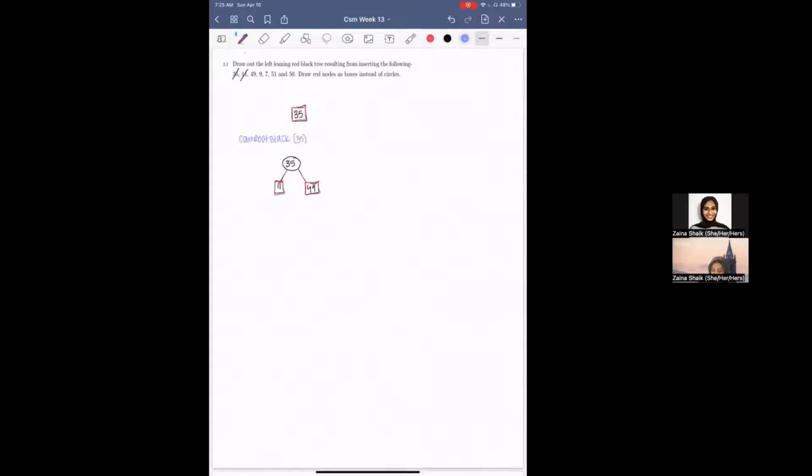So we can perform a color flip on 35. This says red for now, and then we can actually color the root black since 35 is the root.